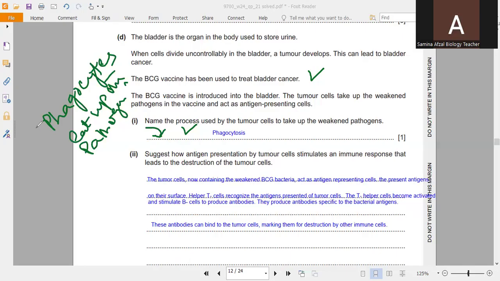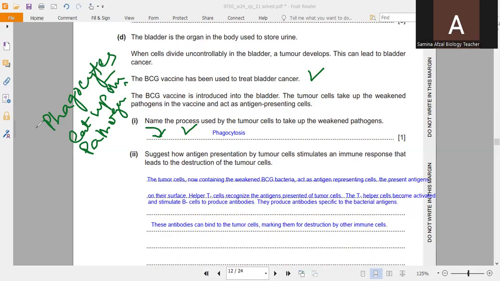So in this case, the BCG vaccine is used to treat bladder cancer by stimulating an immune response. How does it take place? First of all, phagocytosis, the process by which the tumor cells take up the weakened pathogens in the BCG vaccine.